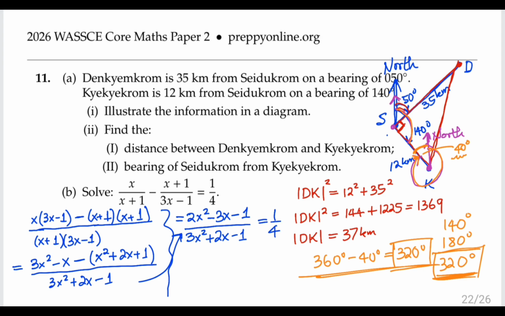So we can just cross multiply. So we have 4 times this 1 here, and then 1 times the 1 at the bottom. So we have 4 times 2x squared minus 3x minus 1 is equal to, let me clean what we have on the right.